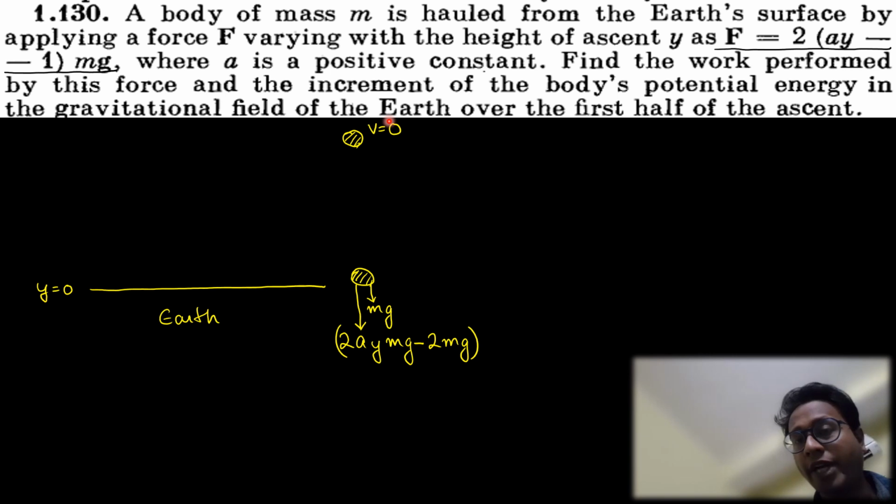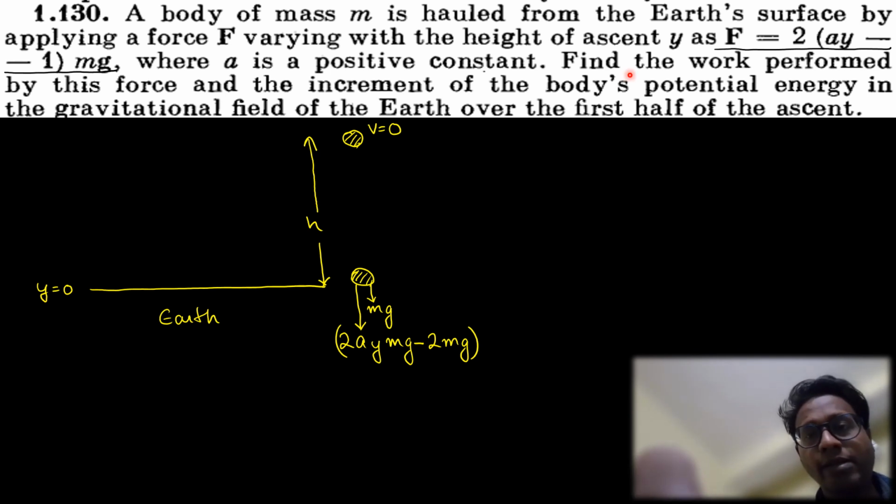For any mechanics problem, whenever they are asking you the maximum height, velocity is equal to 0 at maximum height. Let this height be h. The body reached up to height h with the help of these two forces.